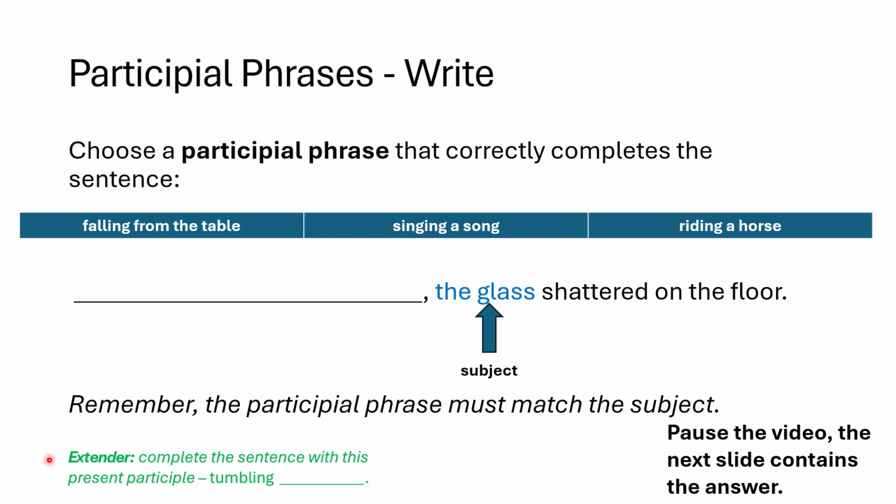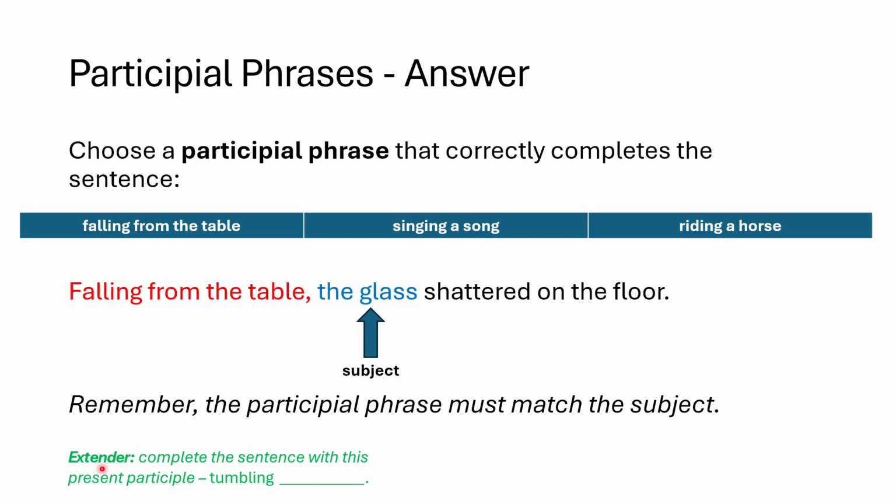Here is the extender. Complete the sentence with this present participle. Tumbling. Pause the video. The next slide contains the answer. Check your answer. Falling from the table, the glass shattered on the floor.